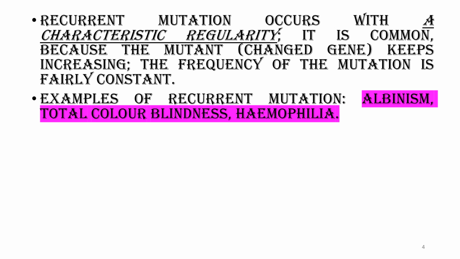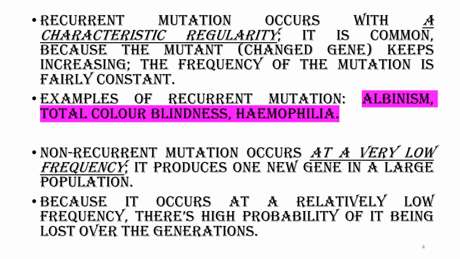Examples of recurrent mutation are found in a condition called albinism, also total color blindness, and also a condition known as hemophilia.